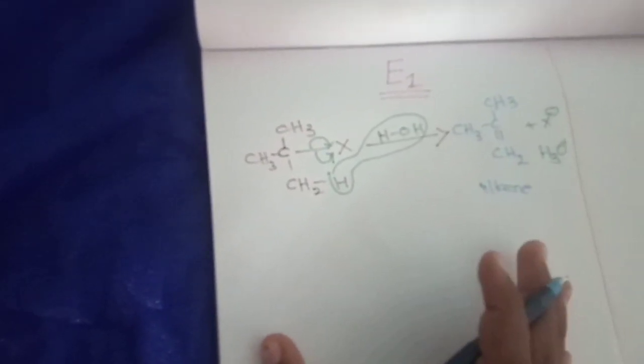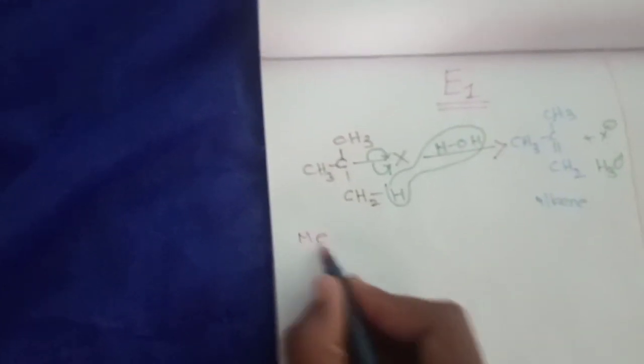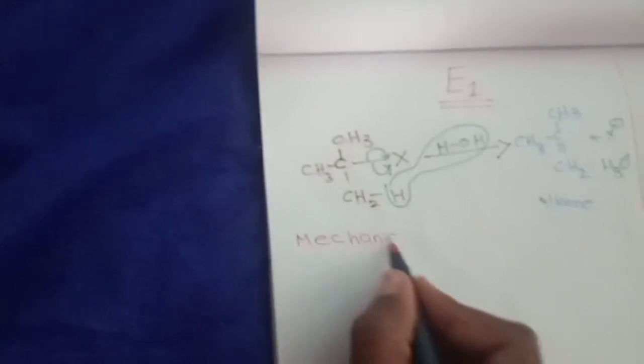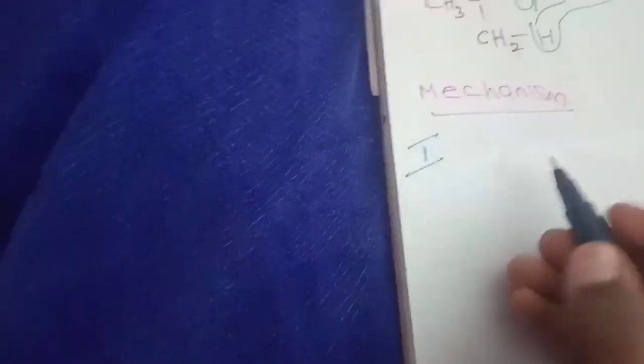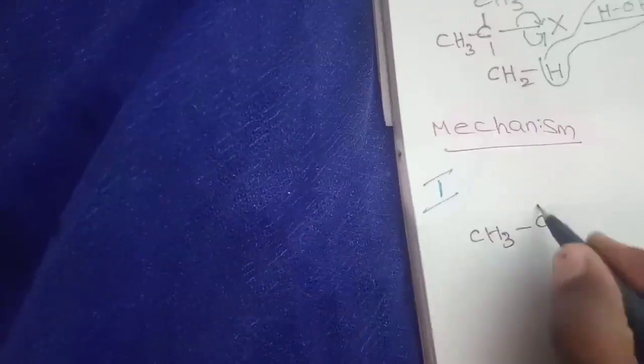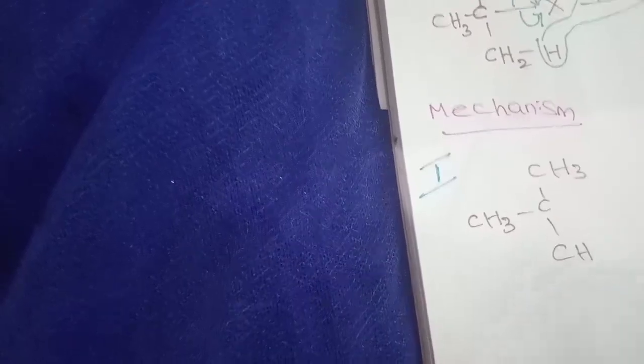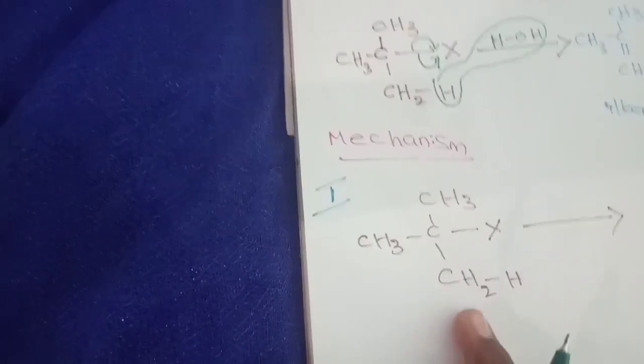Now I will explain the mechanism for this reaction. See friends, in the first step what is going to happen? Suppose a tertiary alkyl halide is there. We can write CH3 as CH2H for our convenience. Here a halogen atom is there.